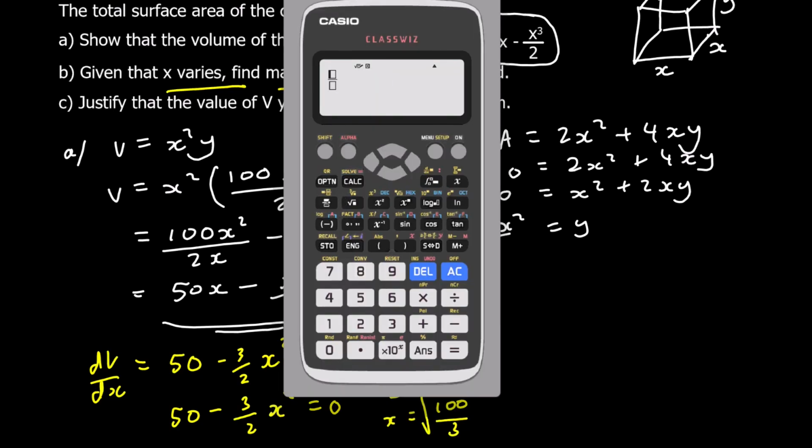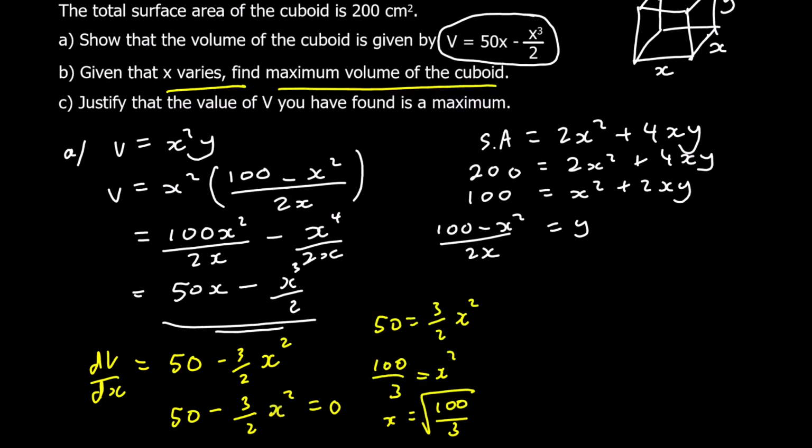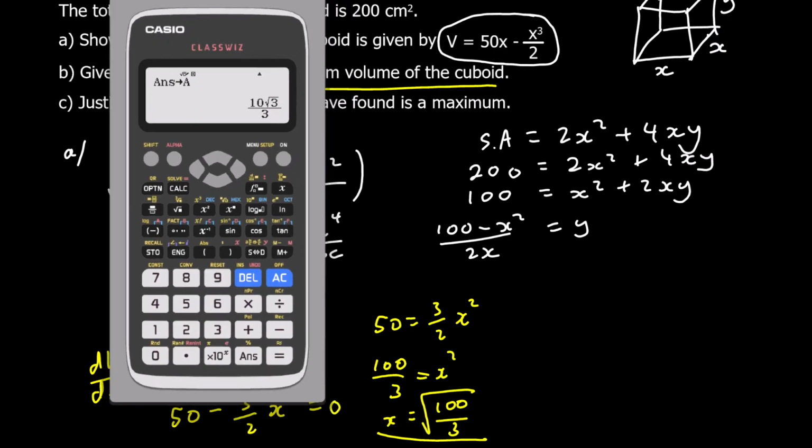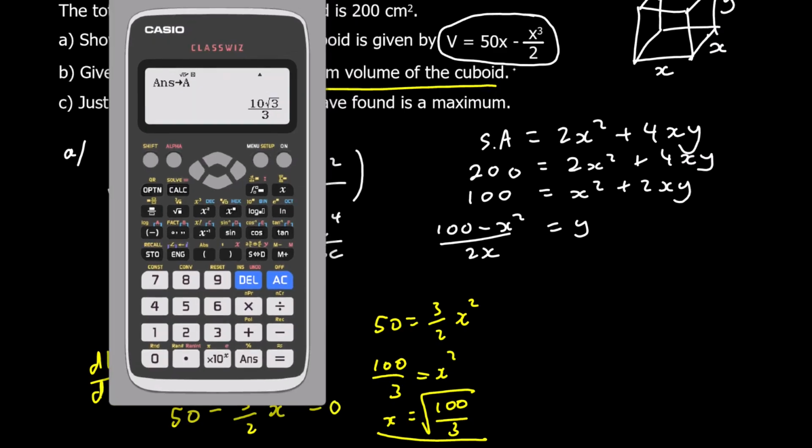And we can give that to 3 significant figures. We don't want to though, because we want the volume, not the length. So substitute that into V. So I'm just going to store it as a, and V is 50x minus x cubed over 2.